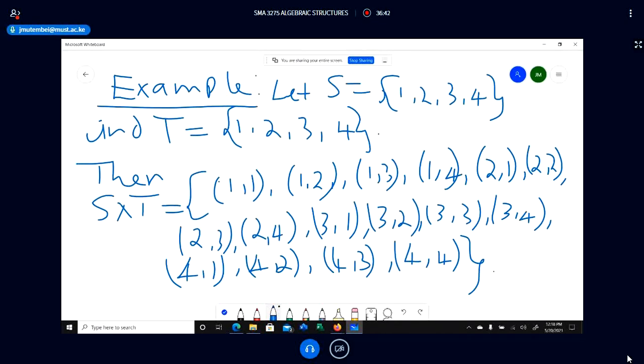So all this collection represents the Cartesian product of S and T, with S given as that and T as that.